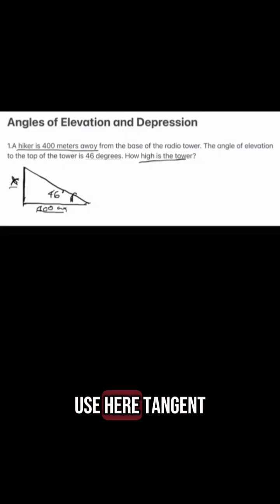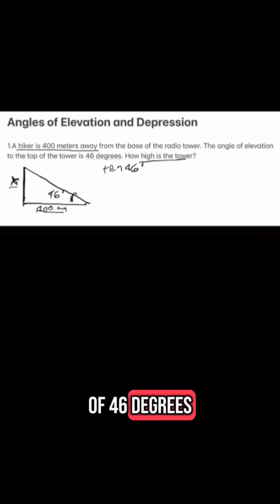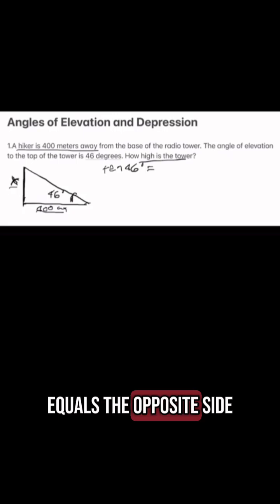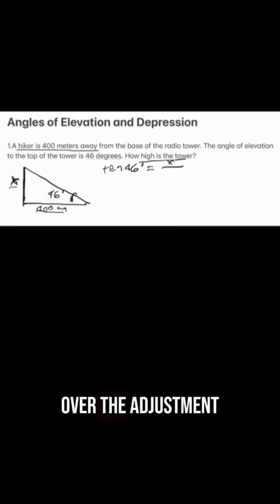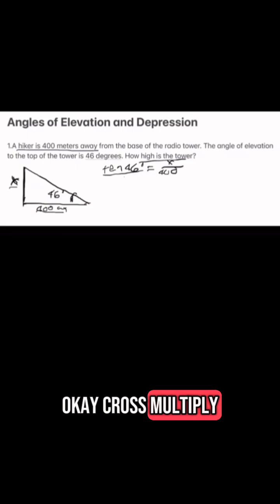So we can use tangent. Tangent of 46 degrees equals the opposite side, which is x, over the adjacent side, which is 400. Cross multiply: tangent of 46 times 400 equals x.